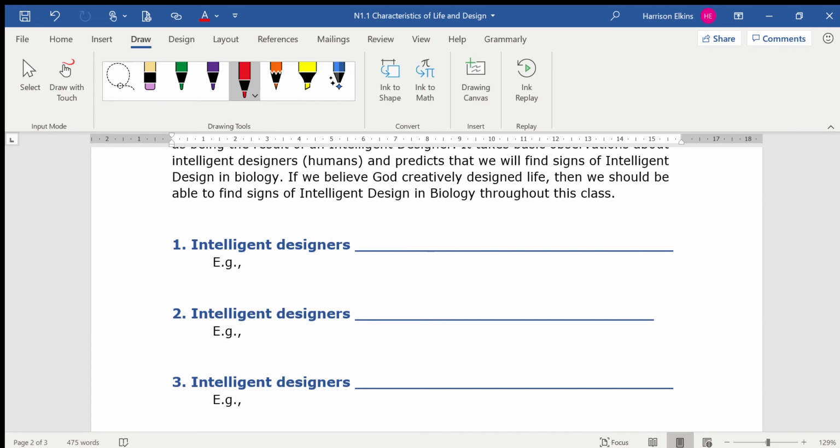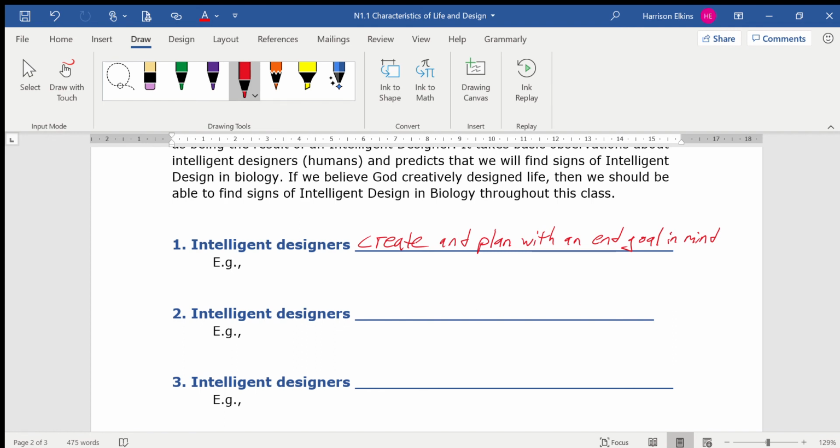Okay, so an intelligent designer creates and plans with an end goal in mind. What would be an example of that? Well, for instance, if you're going to build a bridge, you better know where the other side of the bridge is going to land.